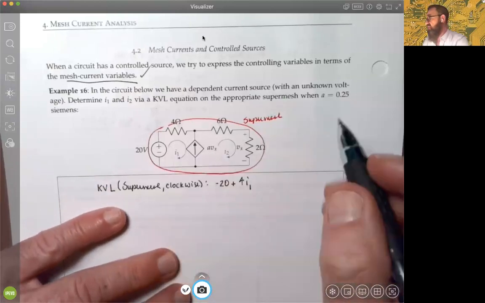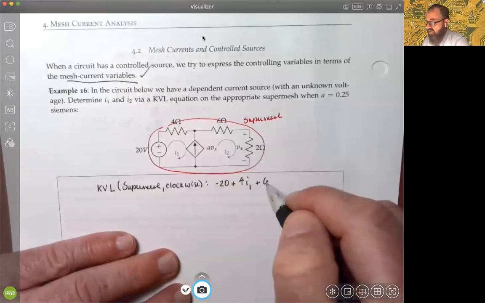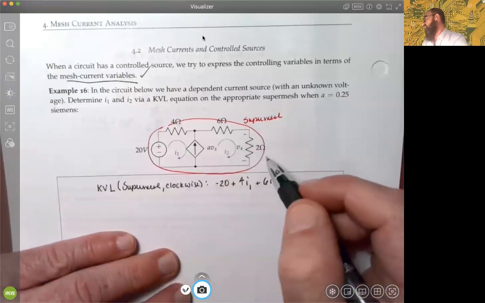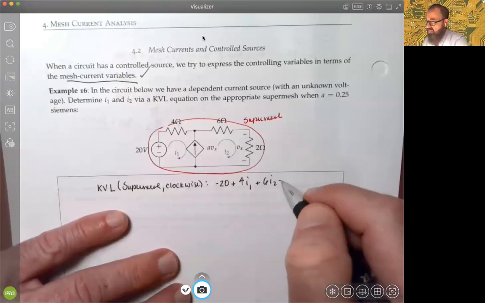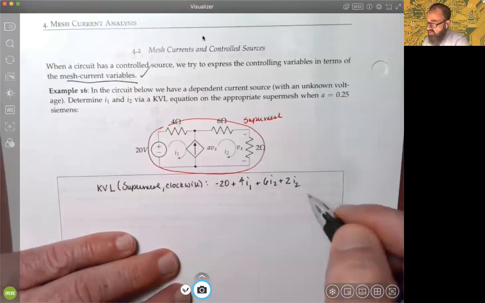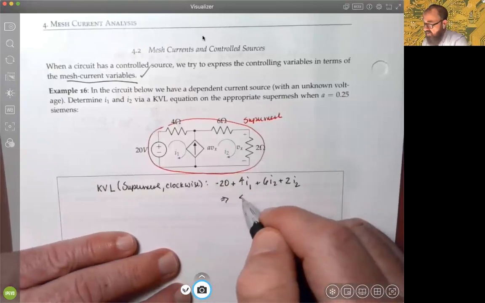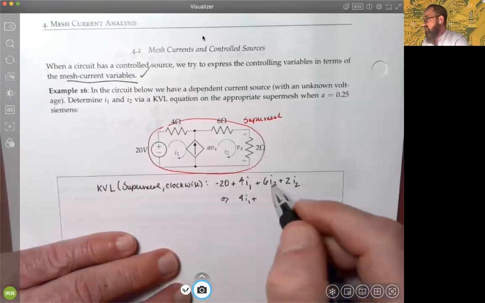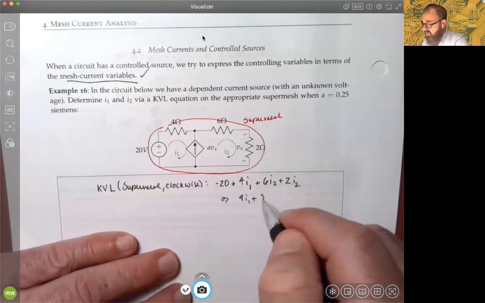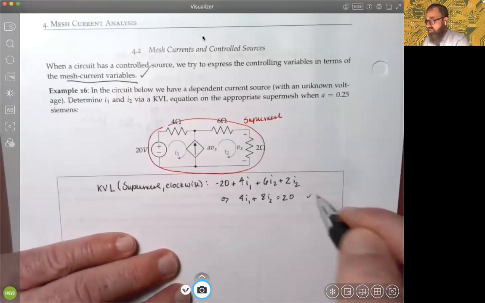Then we're coming over to the 6, but the only current represented for it would be I2. And then we come down here to the 2 ohm resistance, and again, it's just I2. So we get a really simple equation out of this. Let's clean this up a little bit. We have 4 times I1 plus 6 plus 2 is 8, I2 equals 20. Really nice equation there, okay?